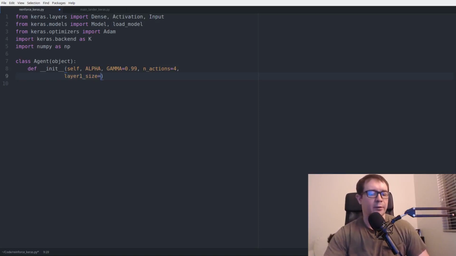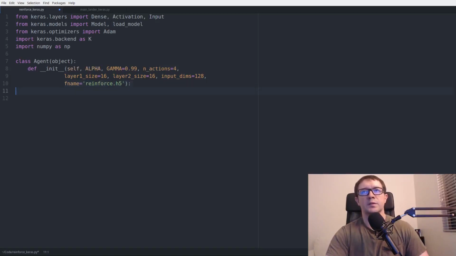It doesn't really matter, we'll say 16 for layer 1 size, layer 2 size equals 16, and input dims will get a default of 128. And we also want a file name, something like reinforce.h5. That is to facilitate saving our model. Not so important with the Lunar Lander because it executes quite quickly, but very important for other more complex environments.